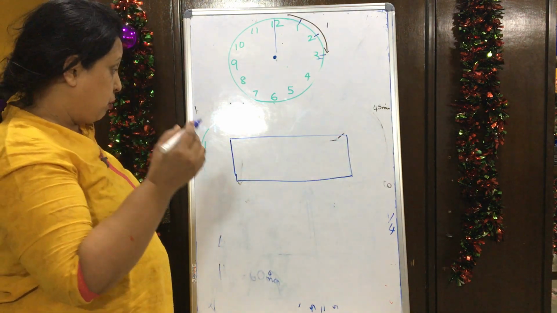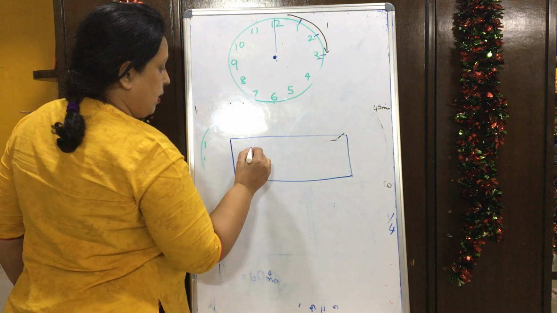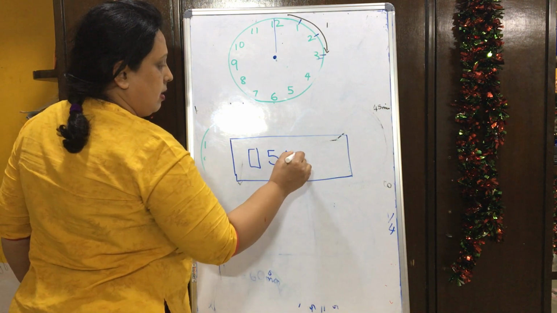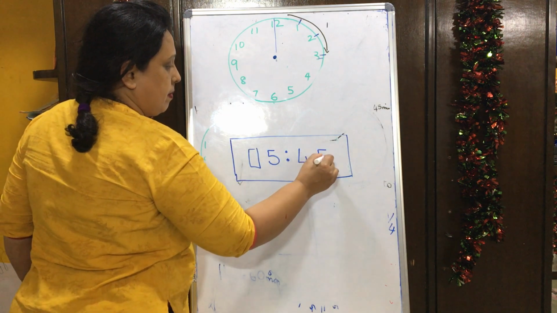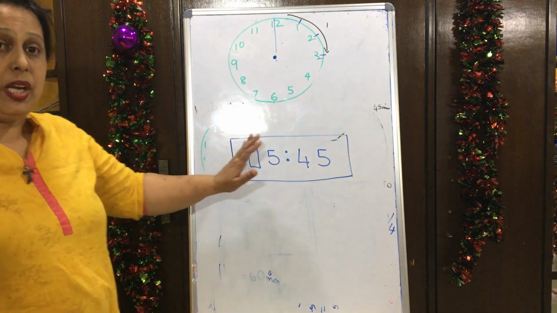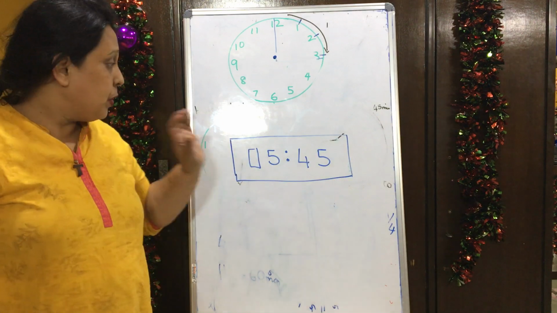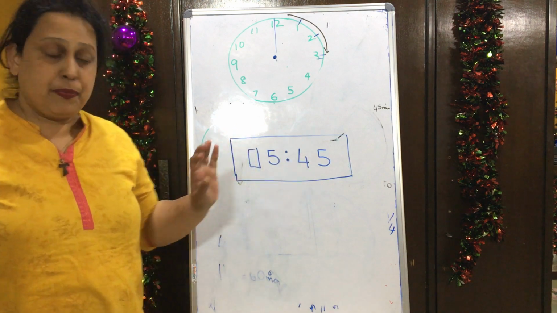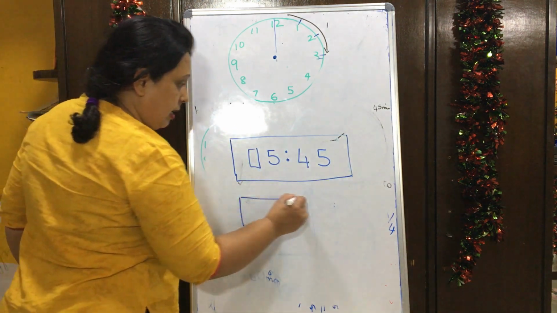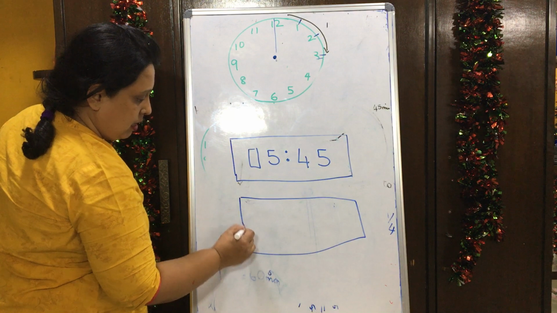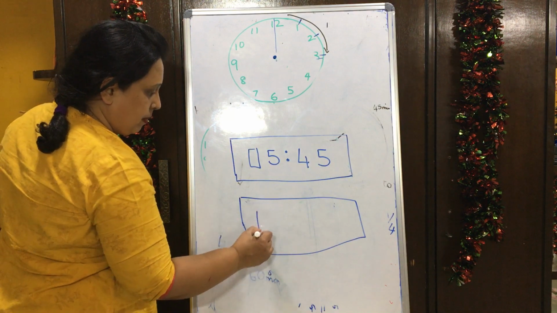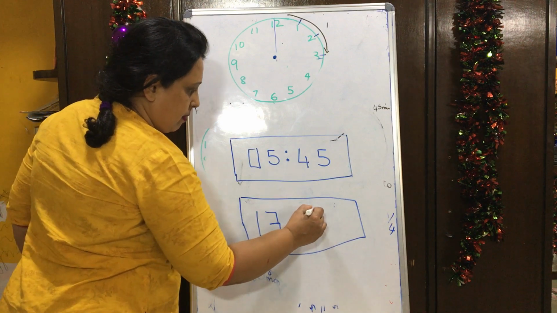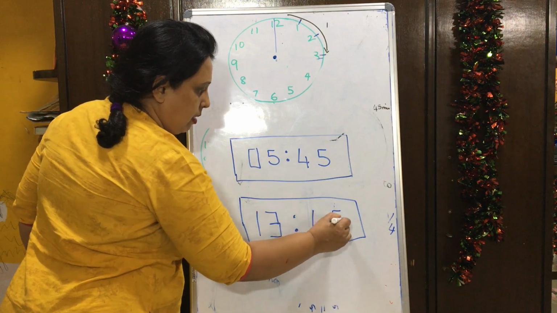If you see in our school assembly hall, we would have the clock that would say, okay, it's all in numbers. You just look at it and you know what time it is, 5:45. All right, then suddenly these numbers would become 13:45.